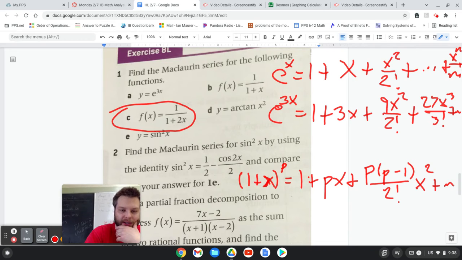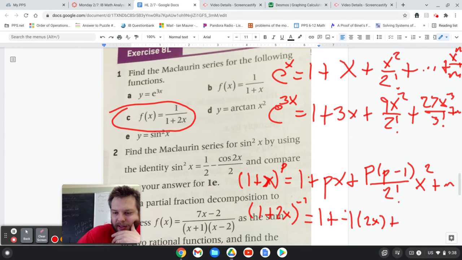And so if we had like part C, the way I would write that is as 1 plus 2x raised to the negative 1, because it was the denominator of a fraction. And so we have 1 plus the p-value is negative 1, so negative 1. The x was substituted for 2x, so 2x like that.